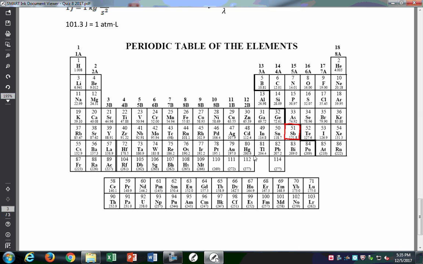Now, you can do the full electron configuration, but I'm not going to make you do that for one that has 51 as its atomic number, because that's going to be a lot of orbitals. So instead, we're going to start with the noble gas before, because it's going to have that same electron configuration up to krypton. So we're just going to start with krypton.